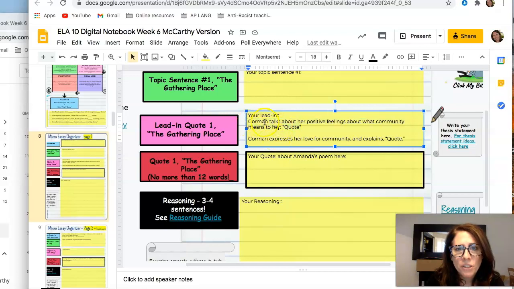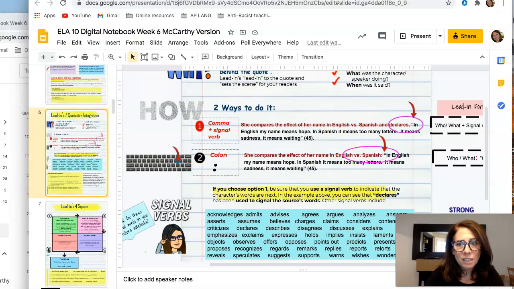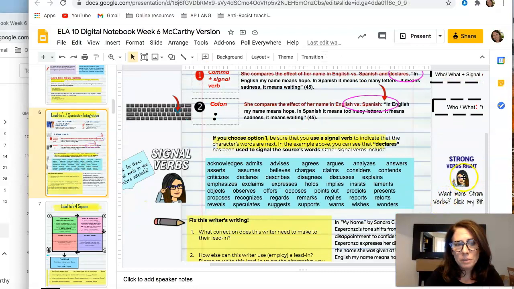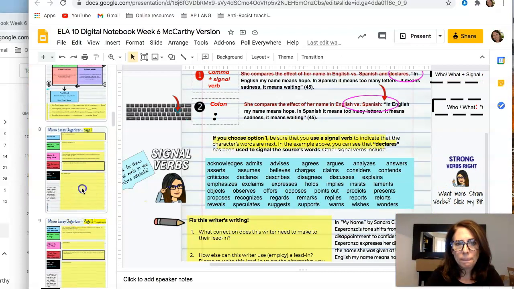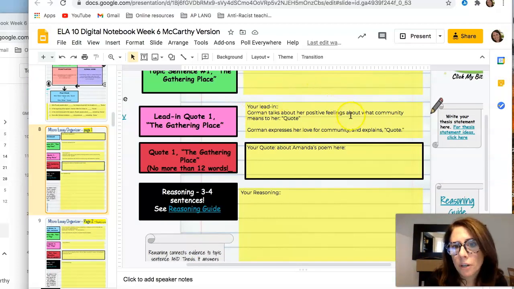So again, you can think in your head, "she talks about," right? I encourage you to replace the "talks about" with a vivid verb. You find your vivid verb list on page 6, the lead-in page right here, strong verbs, Bitmoji. You replace the "talks about" with a strong vivid verb.